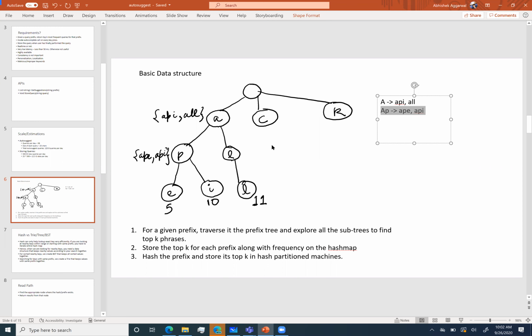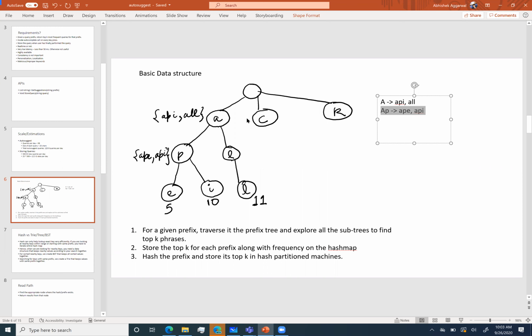My question was, if your prefix table, this hash map, does not have it, then would the trie be a fallback or not? If you have entered a new query which is very big, it will be stored in the trie with its weightage, and the weightage will be less, but it will not be stored in the hash map.